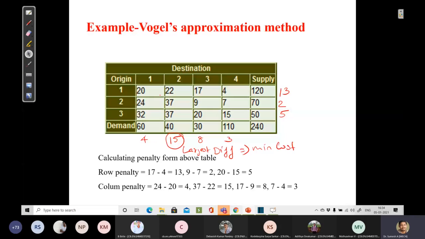So first allocation you can provide over here. So 1 2: 40 is the demand, 120 is the supply. So you can provide that allocation of 40 over there. This 120 will reduce to 90.